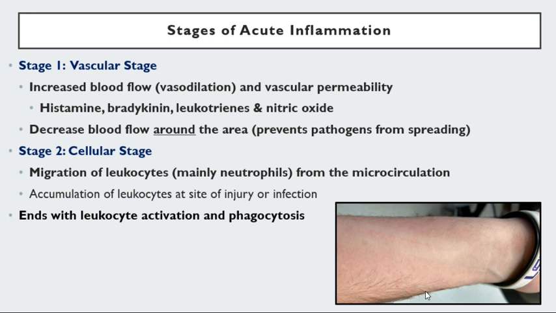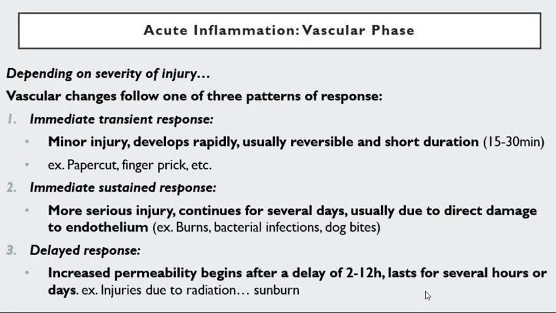You recruit the cells of the immune system that you need to have a good acute inflammatory response. This ends with leukocyte activation. What all of this is trying to do is fight the pathogen first and foremost, but then secondarily take that pathogen you're fighting and present it to your adaptive arm so you can start to develop T cells and B cells for the adaptive response.